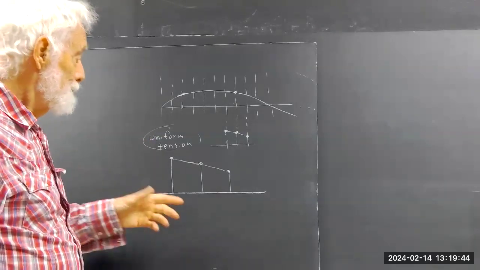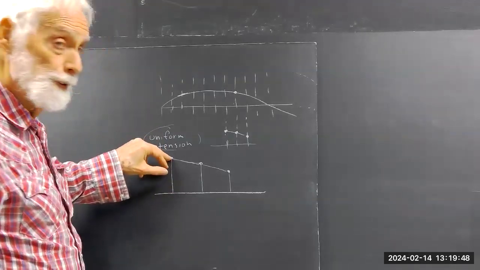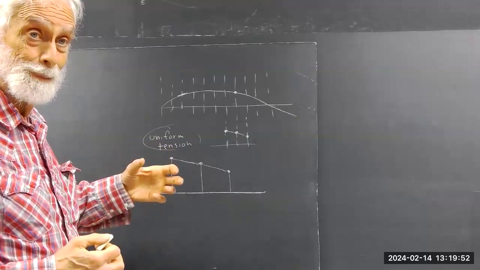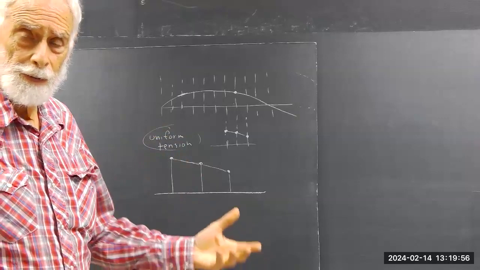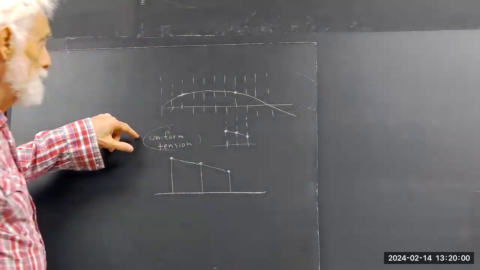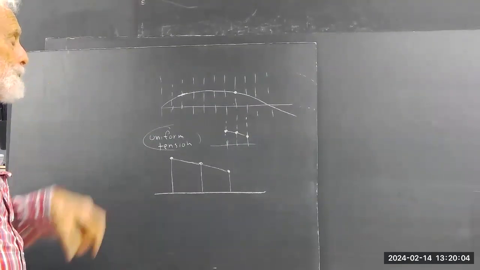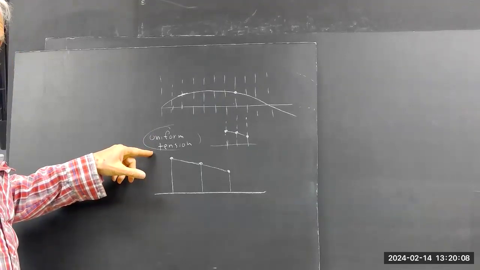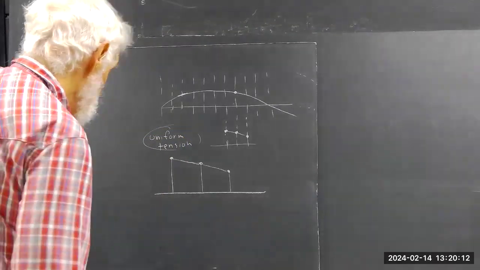It doesn't really, because when this particle displaces from equilibrium, it creates a little more tension. Okay, but the displacement is so small that that extra tension is negligible. So it's a simplifying assumption, but it works really well as long as your amplitude remains fairly small.